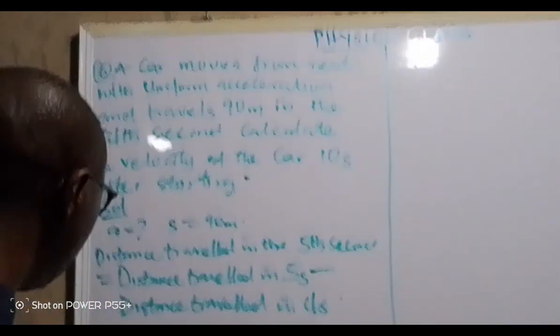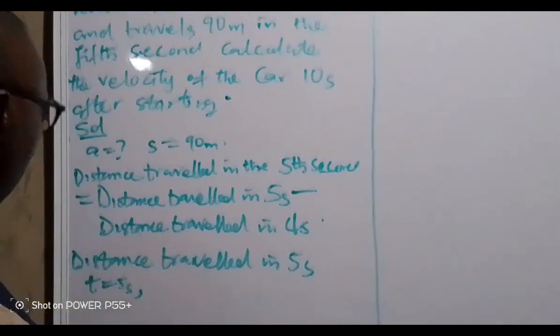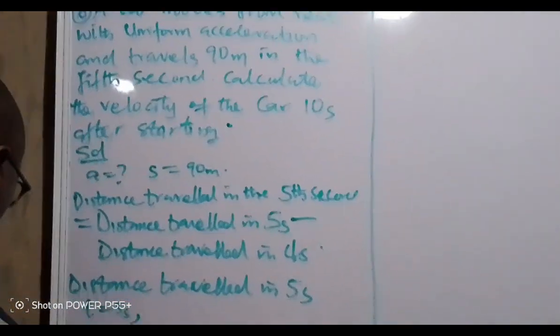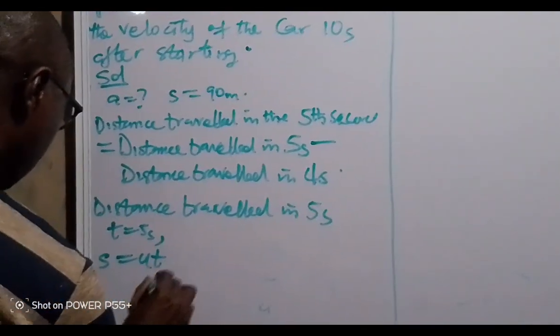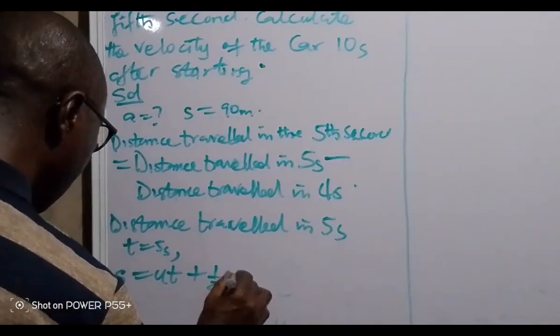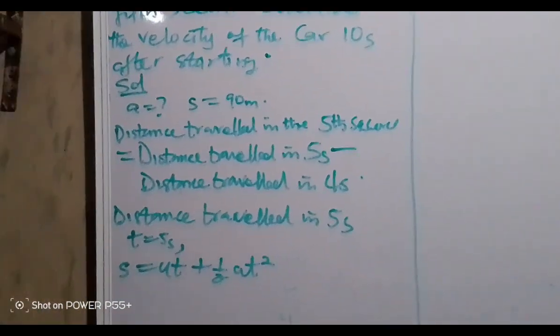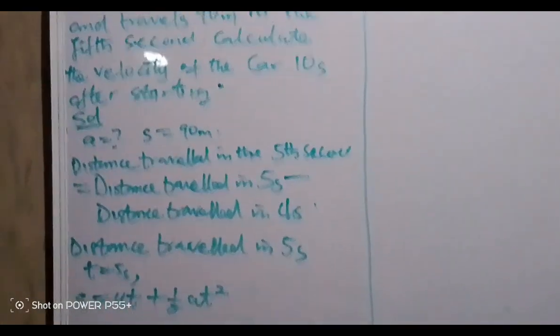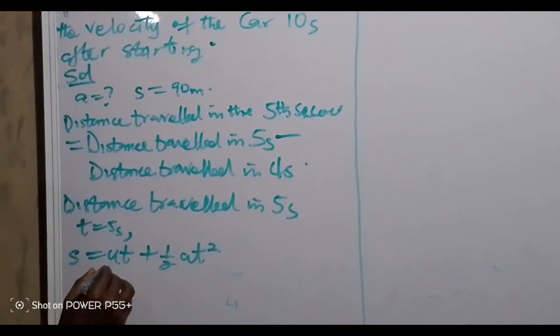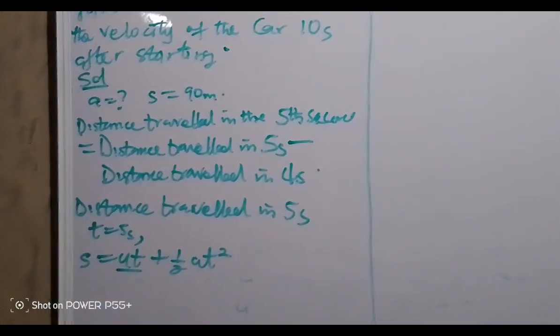Now, to use our formula, s is equal to ut plus half at squared. Mind you, a is not given. So, the question says the car starts from rest. It means if we start from rest, u will be equal to 0. So this term will be equal to 0.